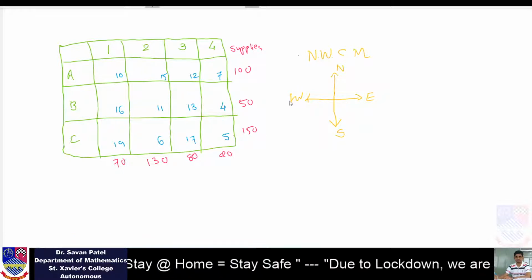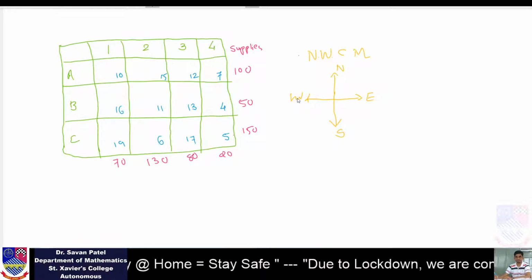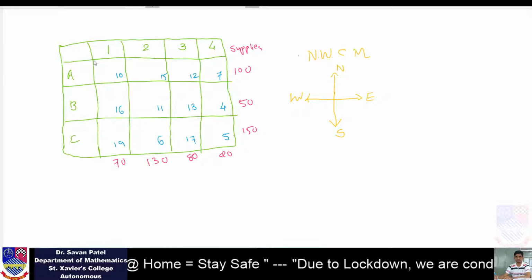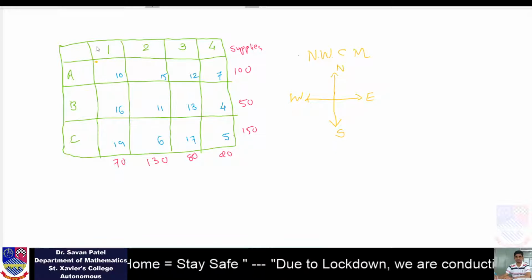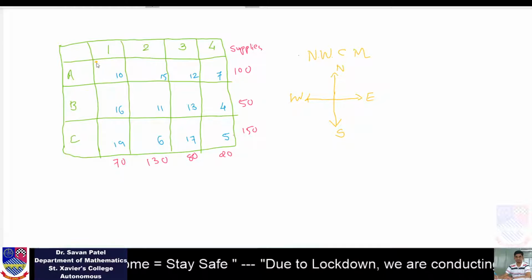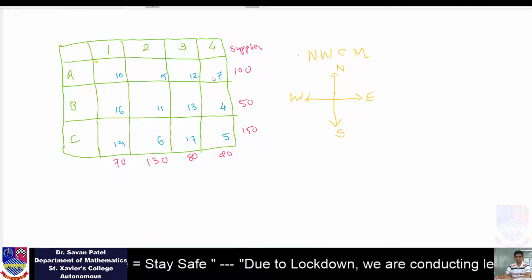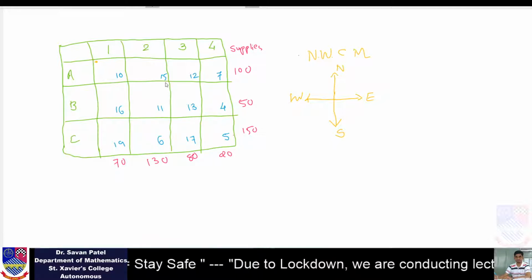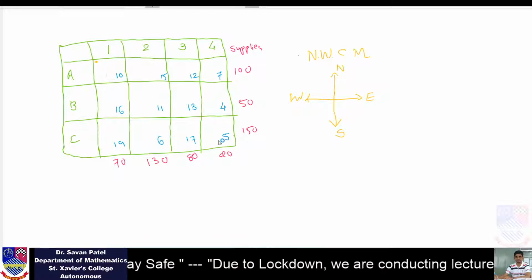So northwest corner means the topmost corner of the table. The table is only this cost table, that is 10, 15, 12. So this is the topmost corner of this cost table.